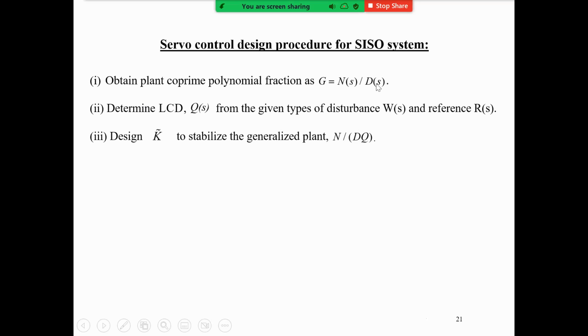You put this D and Q together. You try to stabilize this generalized plant. That then becomes a stabilization problem. Then you design this K tutor to do it. The final controller will be the K tutor times 1 over Q.